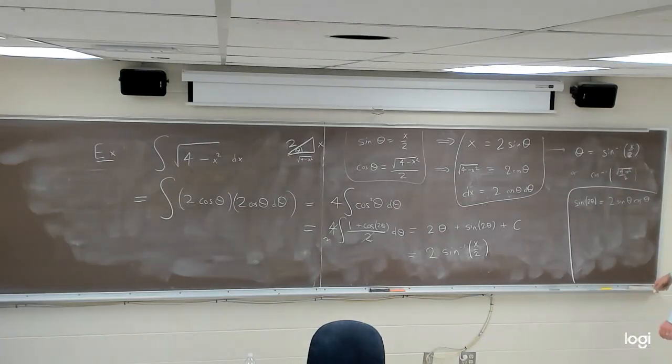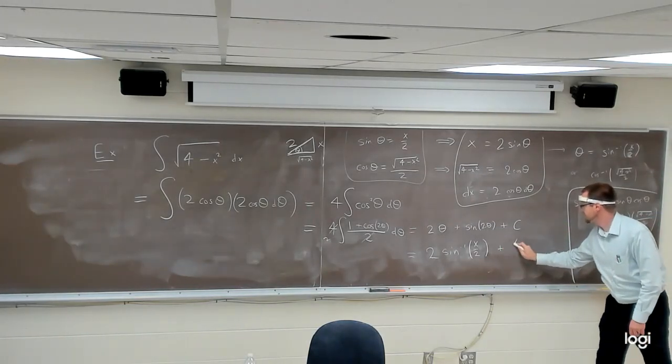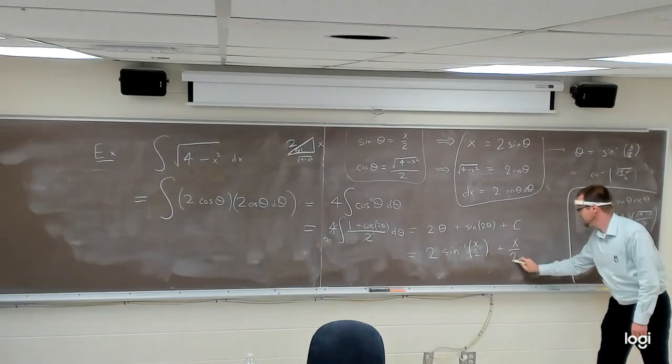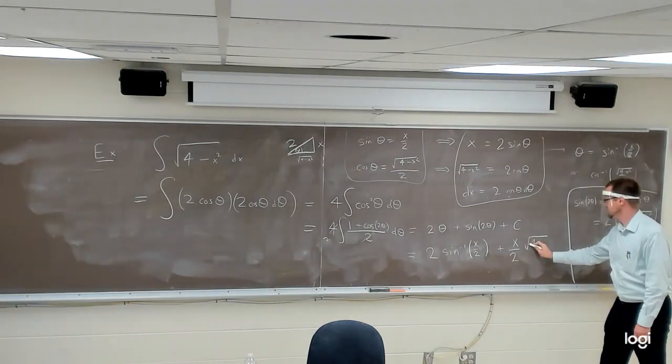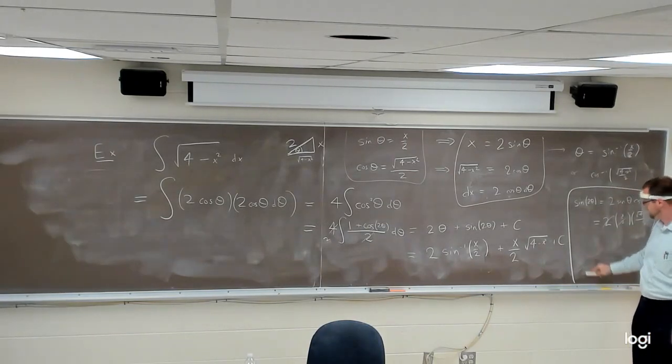Sine theta I know is x over 2. Cos theta I know is root 4 minus x squared over 2. I can cancel one of those 2's. So where I see the sine of 2 theta, I'm going to have x divided by 2 times square root 4 minus x squared plus c.